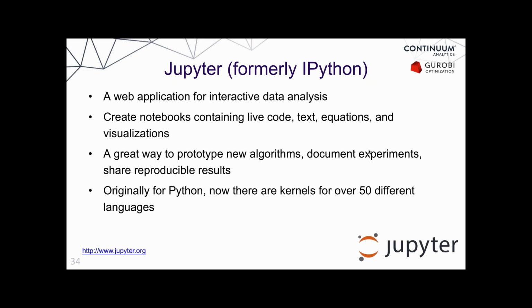It was originally called IPython, but the notebook functionality proved so useful that people have implemented kernels for it for over 50 different languages. So calling it IPython wasn't really appropriate anymore. So now Jupyter refers to the notebook technology, and IPython remains for the Python-specific code, or the Python kernel, if you will, for the notebooks.